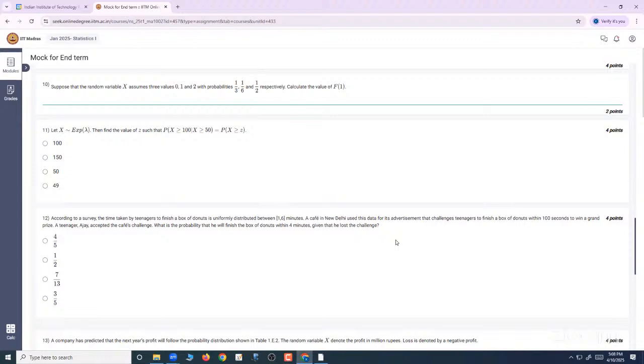So what are the steps that you're doing? It's 0.5 because we take P of x equal to 0 and P of x equal to 1, correct. So you would be adding the probabilities. So it would be 1 by 3 plus 1 by 6. If I add this, it would be coming out to be 1 by 2 only.